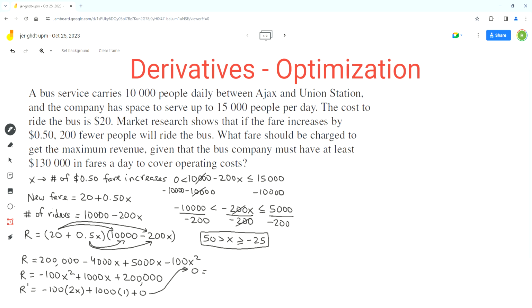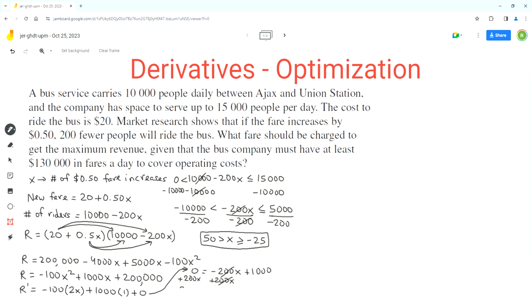So negative 100 times 2 is negative 200x plus 1000 equals 0, and now we can add 200x to both sides. So the 200x's on the right side will cancel each other.